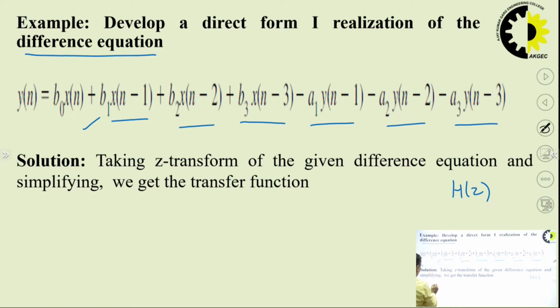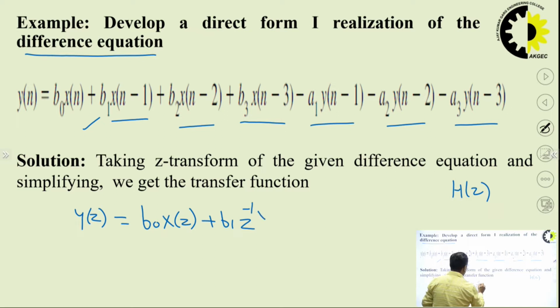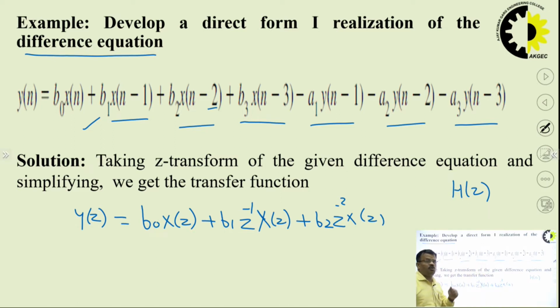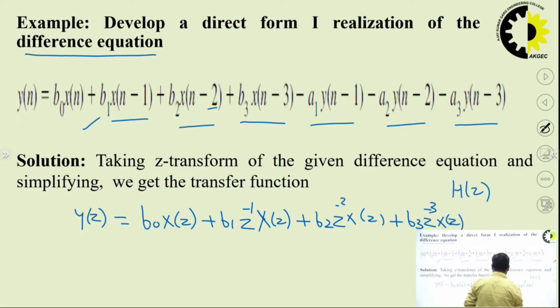The z transform of y of n is Y of z. For the right side, it will be b0 X of z plus b1 z to the power minus 1 into X of z plus b2 z to the power minus 2 into X of z. Here we are applying the time shifting property of the z transform. Plus b3 z to the power minus 3 into X of z.